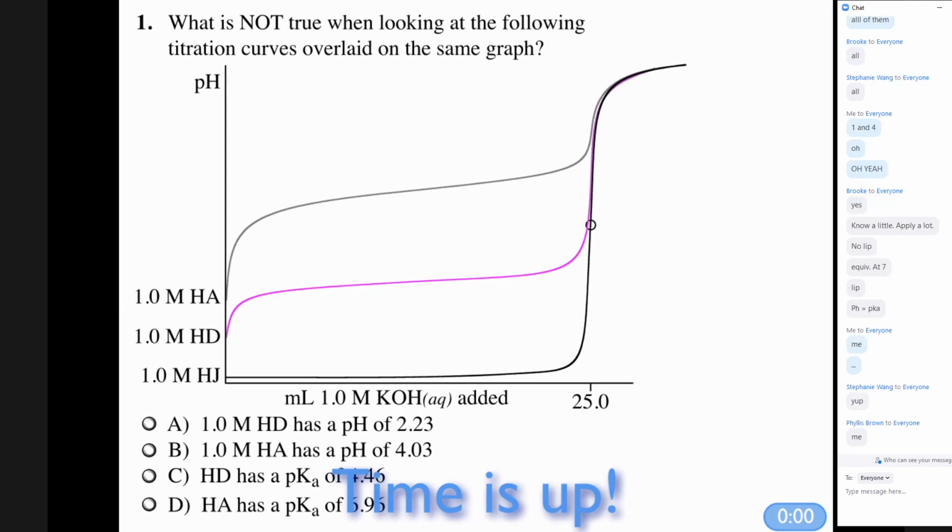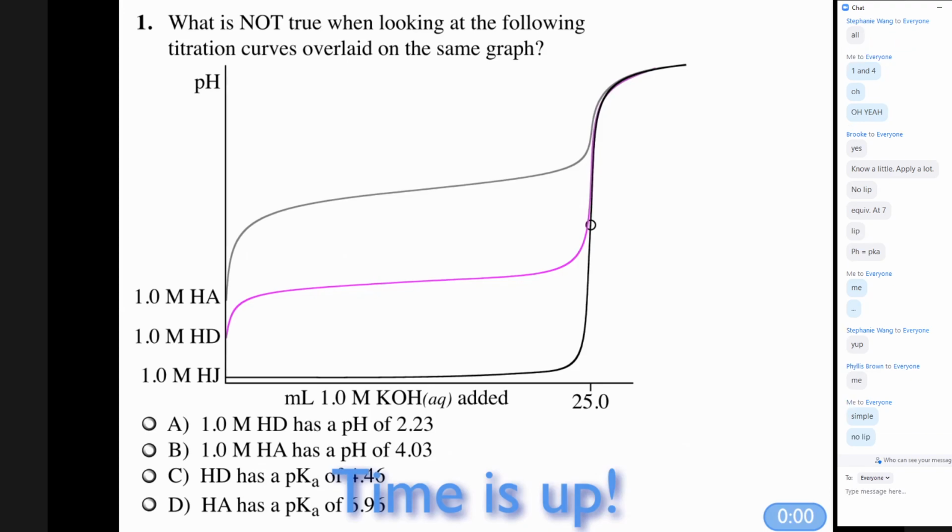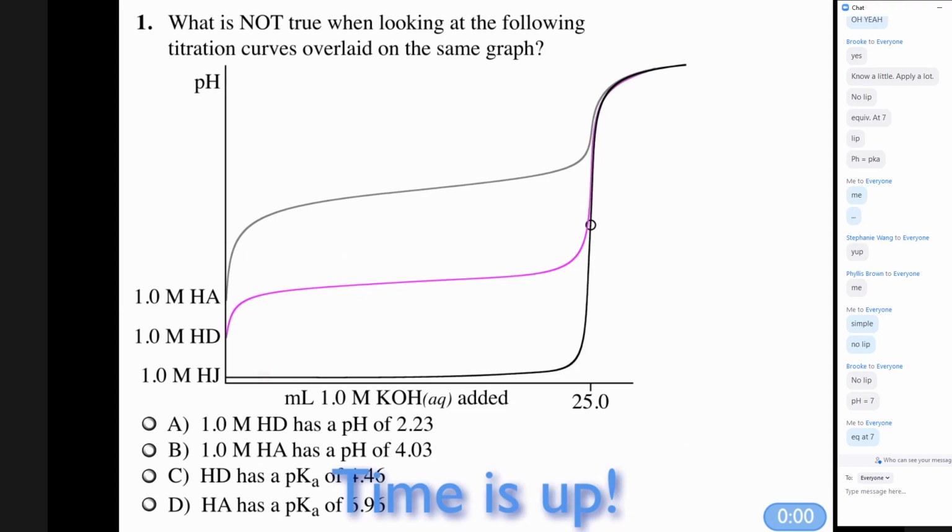Okay, your goal is to keep things simple, at least as far as this test goes. So again, repeat to me, what do I know about a strong curve? No lip. And what's the second thing you know? pH is 7. Are any of these 3 curves strong?